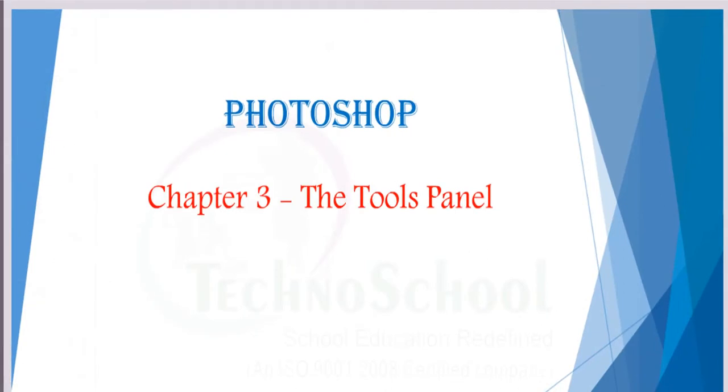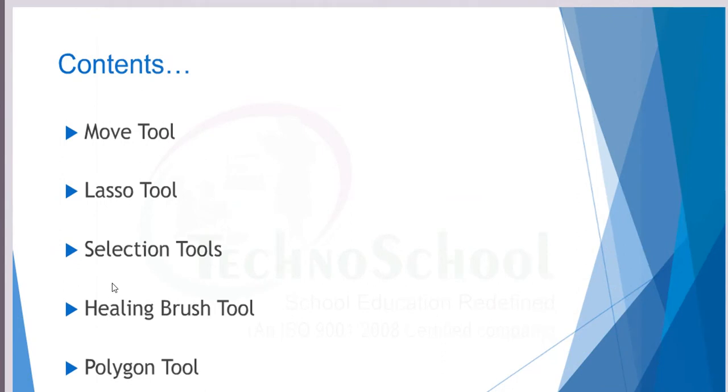In section 5, we saw chapter 3, the tools panel. In this chapter, we have 5 tools. The first two tools, the move tool and the lasso tool, we covered thoroughly in the last section. Today we are going to see the selection tool, and the remaining tools we'll see in the next section. In the selection tool, we are going to learn only the quick selection tool.